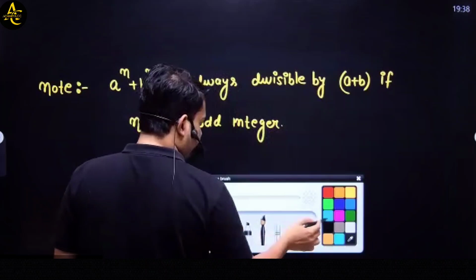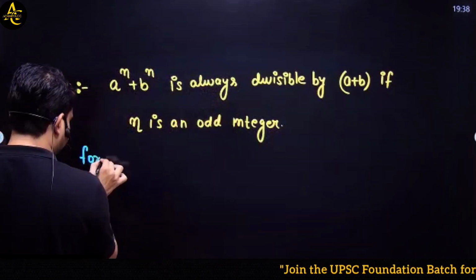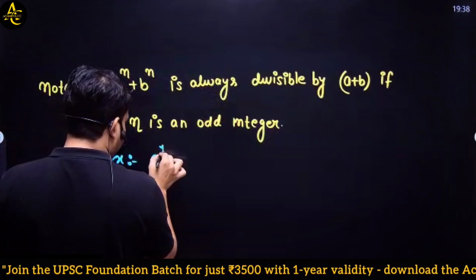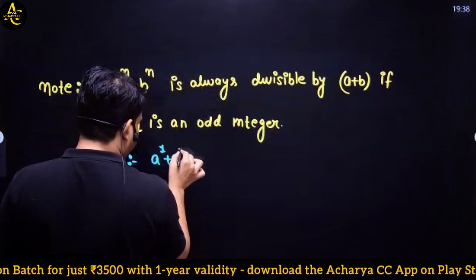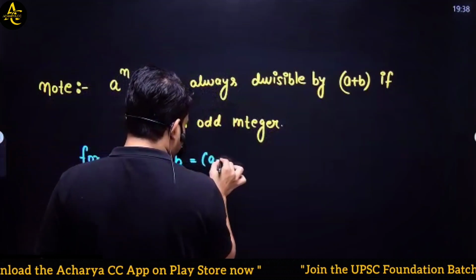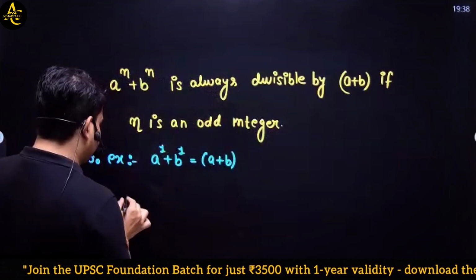For example, a to the power 1 plus b to the power 1 is just a plus b. So it will be divisible by a plus b because 1 is an odd number.